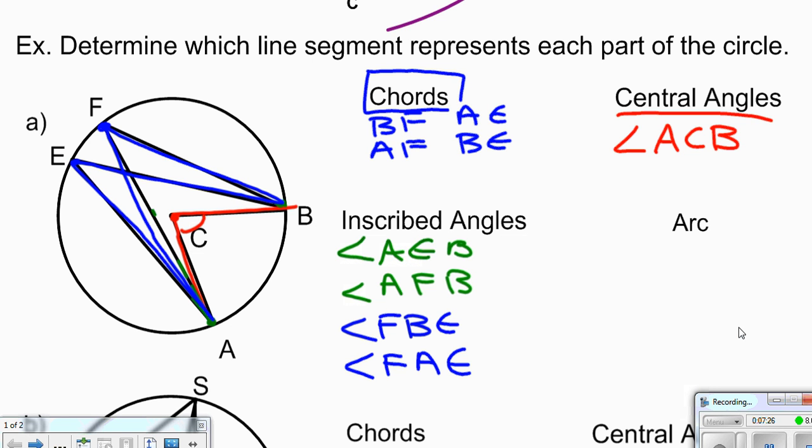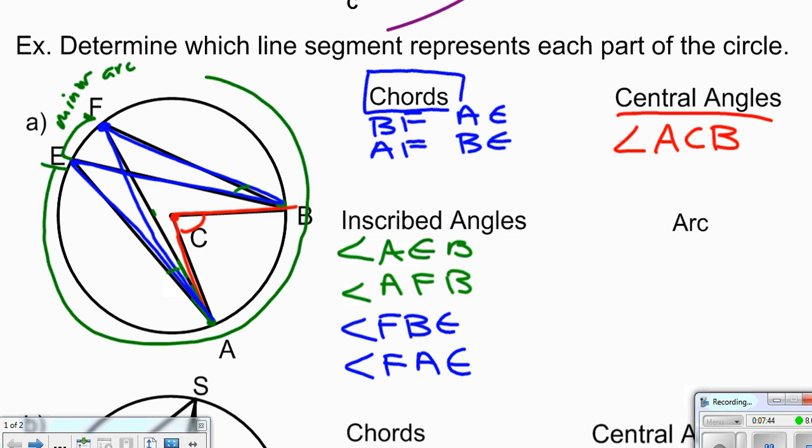But in this case, they would have a different arc, right? They're opening this way, they're skinny angles, so this would be the minor arc, and then this would be the major arc.